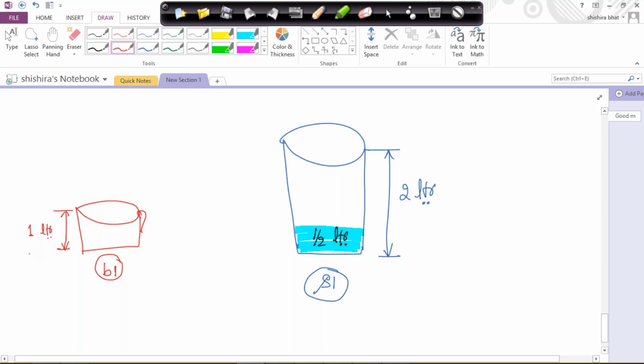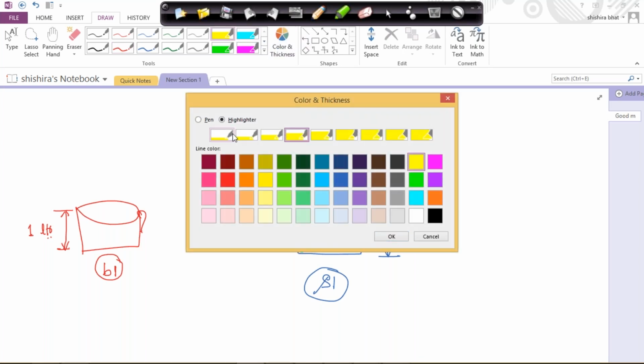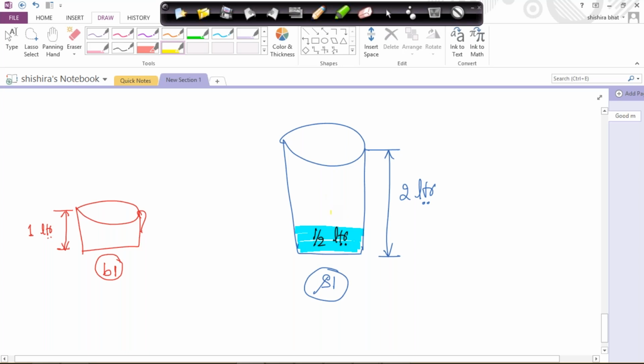Now the question is, can I take this and pour the water from this mug into this? Is it possible?